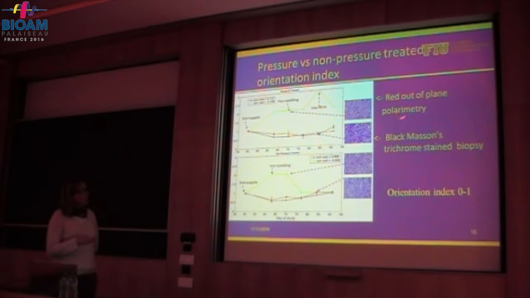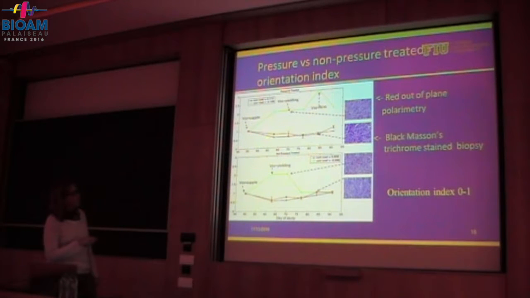The red are our assessment of orientation, while the black is the histology results. The black mass really tells us more about collagen packing than anything else, not specifically alignment. But we can see how this methodology actually mimics fairly well.